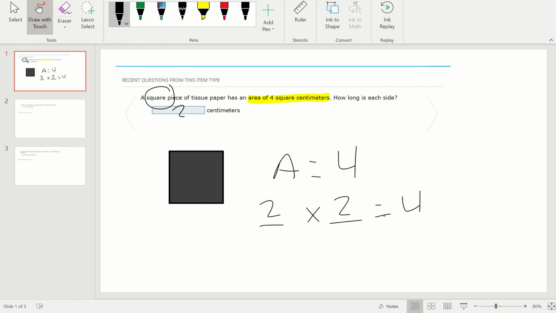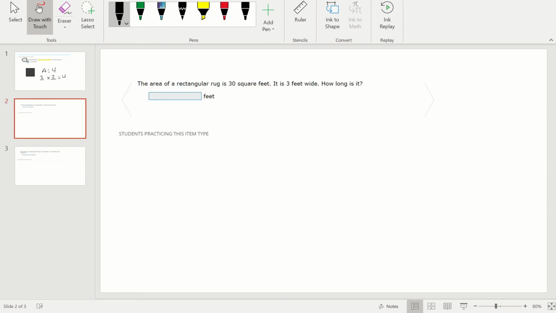2 centimeters. The next problem I want to go over says the area of a rectangle. Now this one says rectangle, so it's going to work differently. The area of a rectangular rug is 30 square feet. It is 3 feet wide. So if I draw this rectangle, and you may need to do that, it's okay, use your math notebook.